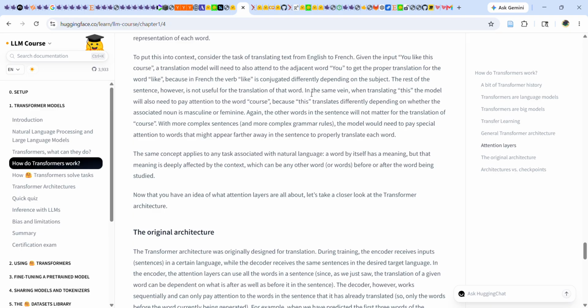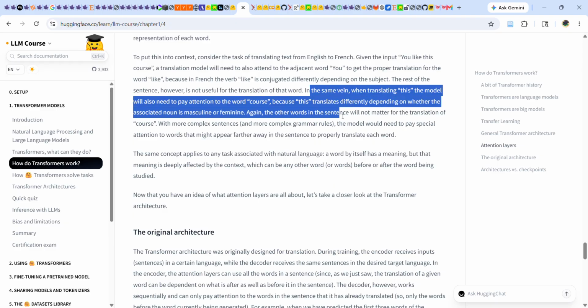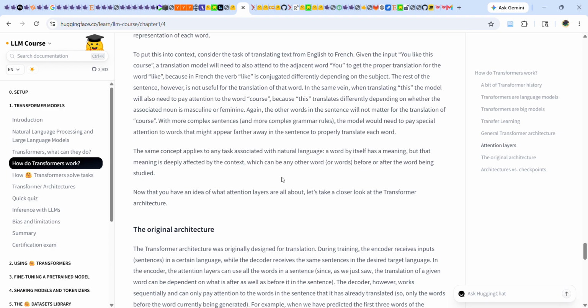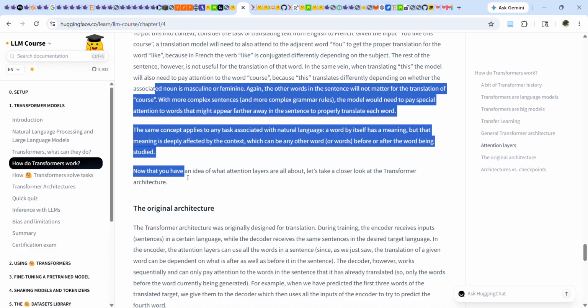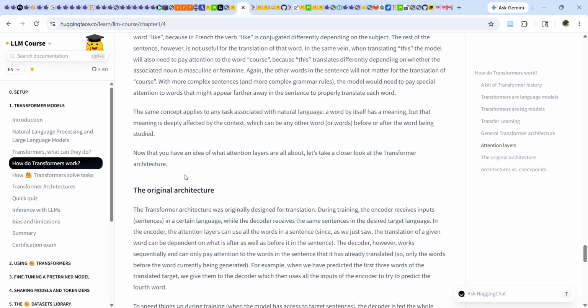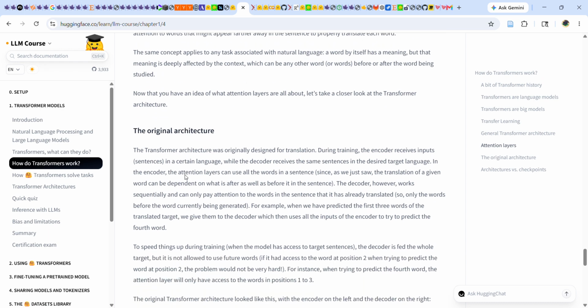In the same vein, when translating "this", the model will also need to pay some attention to the word "course", because "this" translates differently depending on whether the noun is masculine or feminine. Again, the other words will not matter for the translation of course. With more complex sentences, the model has to pay attention to specific words that might appear farther away in the sentence to properly translate each word.